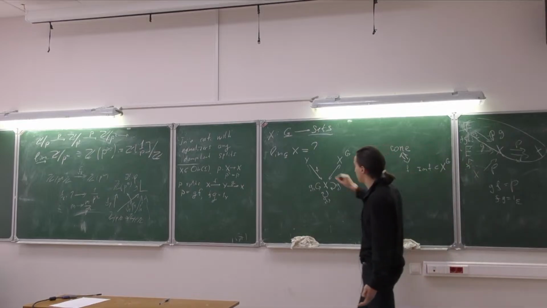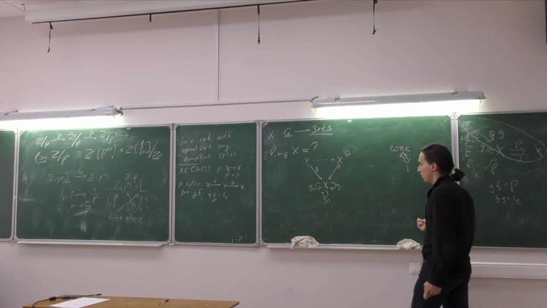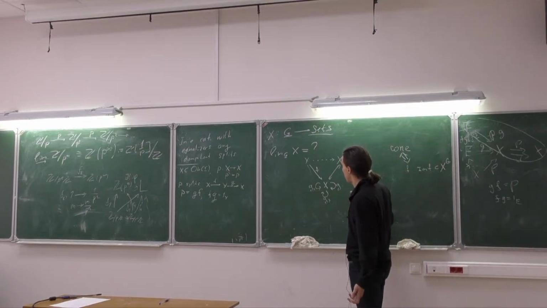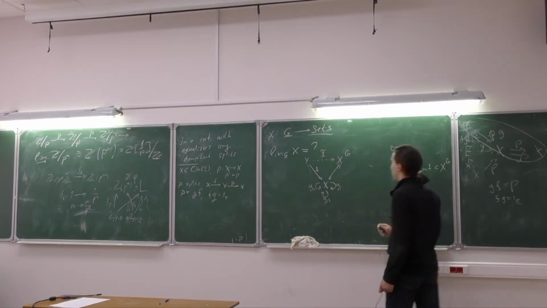Indeed, how to construct the unique map from every cone to this one? We have to give, let me call this F tilde.